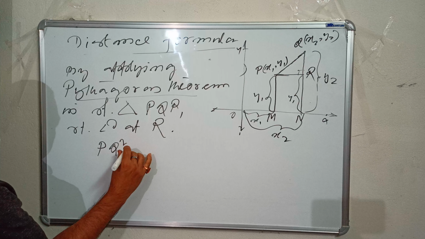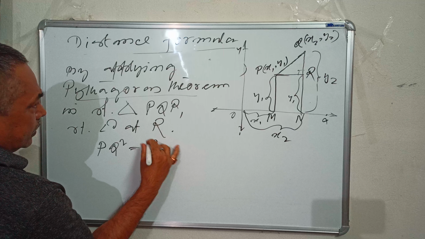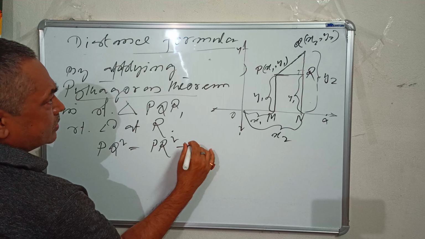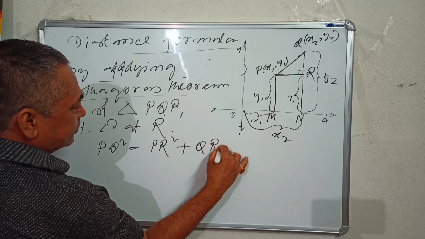PQ square equals PR square plus QR square.